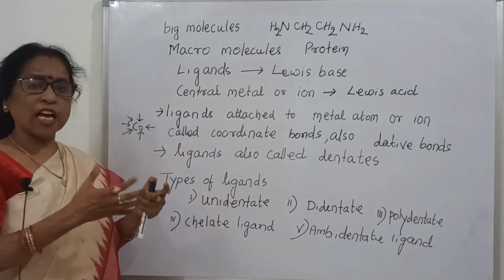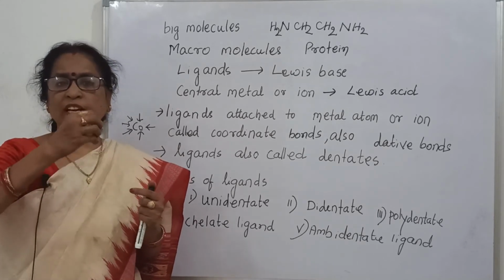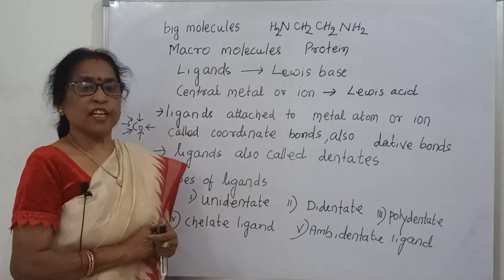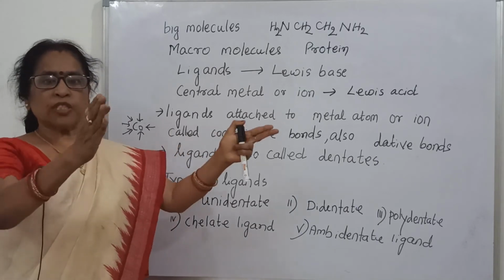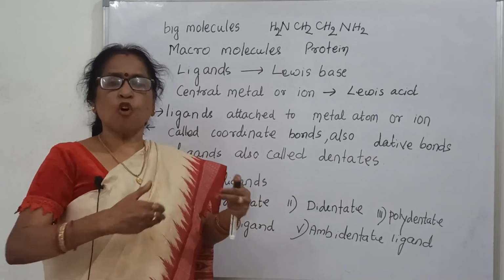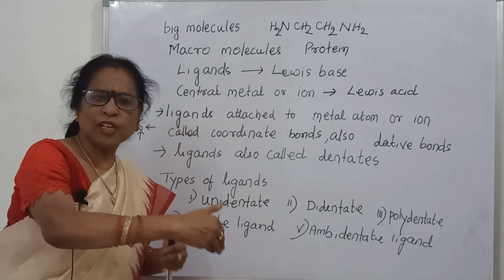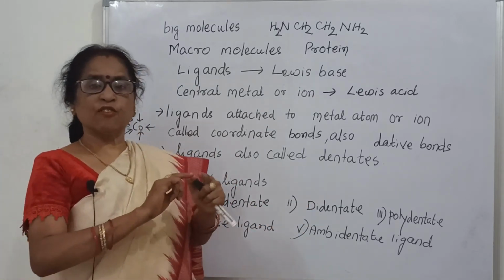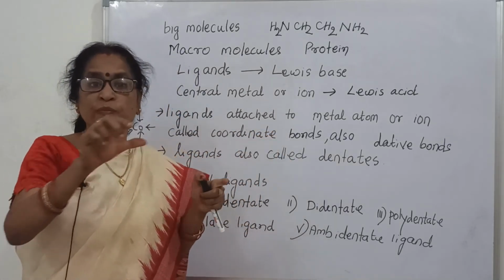Now you can see the types of ligands. Unidentate means the ligand can donate one electron pair. Bidentate means at two sites it donates electrons to the central atom. Similarly polydentate, so many donor sites, so many attachment points towards the ligand. Then chelate ligand, which forms a chelating complex structure.